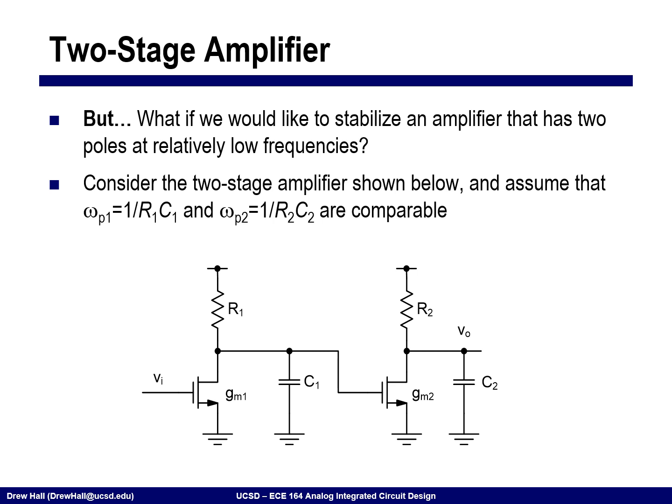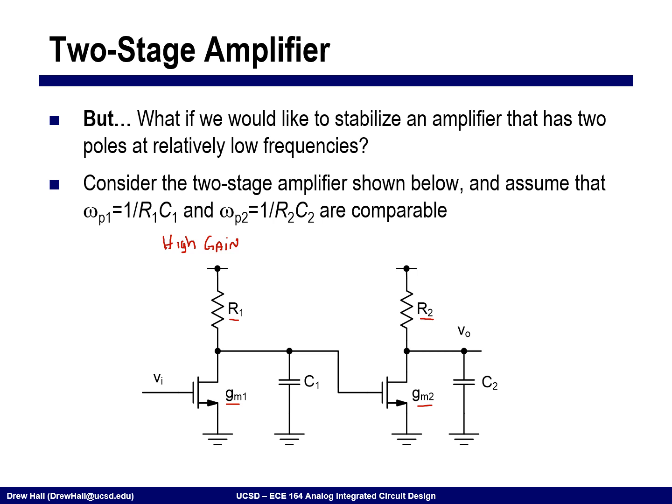The two-stage amplifier, shown below, is an abstraction in the sense that I have a transconductance and an output impedance for the first stage, and a transconductance and an output impedance for the second stage. Again, this is a pretty common structure where we will have a high gain stage, but with that high gain, we might not get much swing.